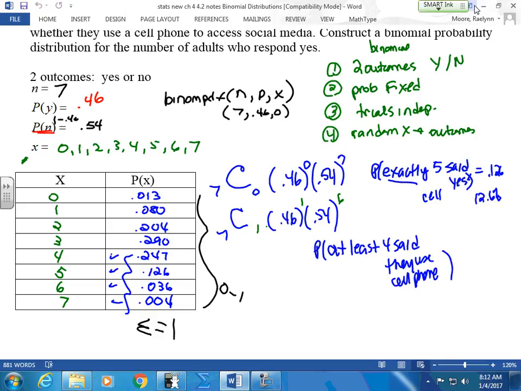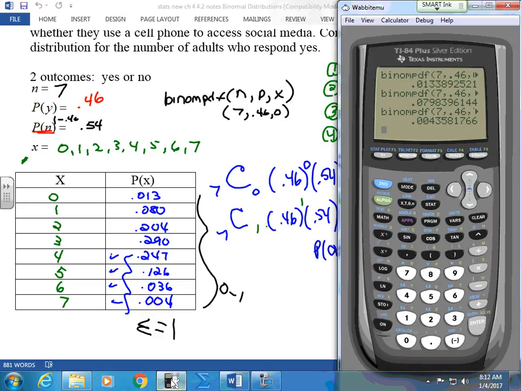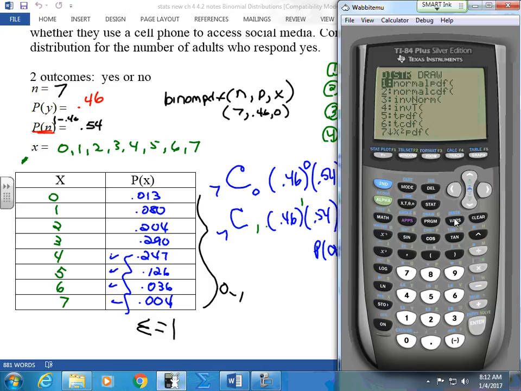The cumulative button says, the reason we don't really use this is the cumulative says this. I'll show it to you. If you do 7 trials, get your probability in here, 0.46.